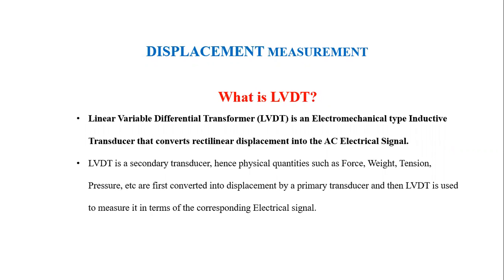What is the LVDT? It is a linear variable differential transformer. It is an electromechanical type inductive transducer that converts rectilinear displacement into an AC electrical signal.